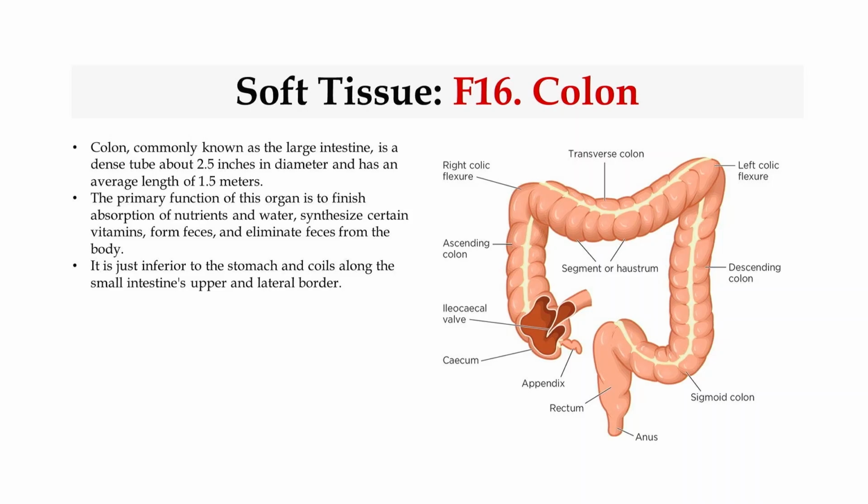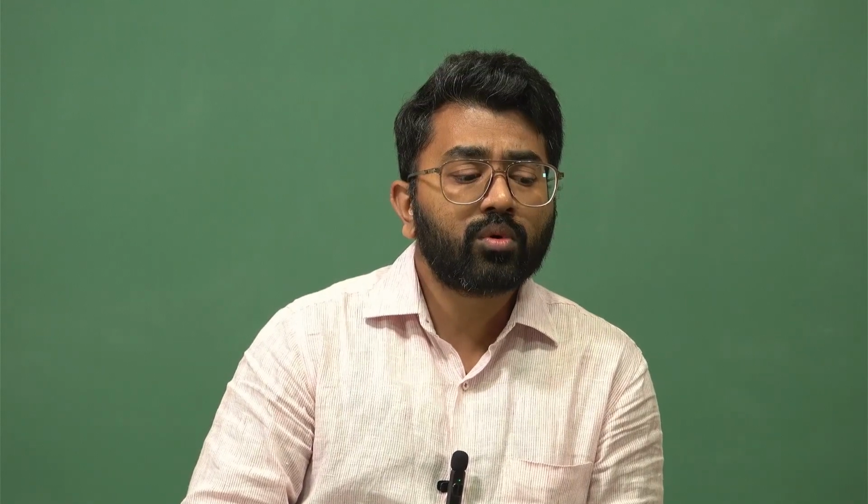So think about the height of a person. A standard adult would be 1.6, 1.7, 1.8 meters. So this colon, which is the large intestine, is 1.5 meters, right?